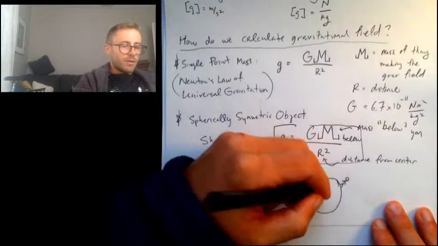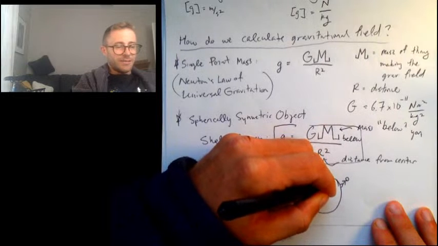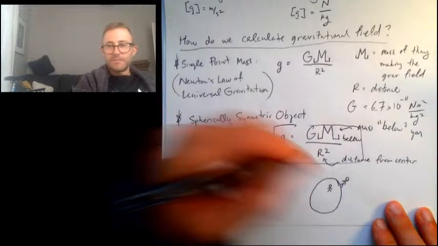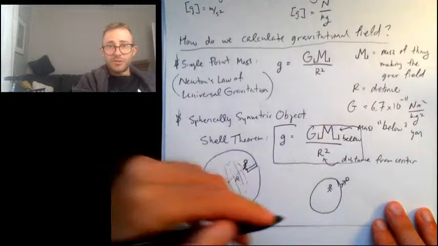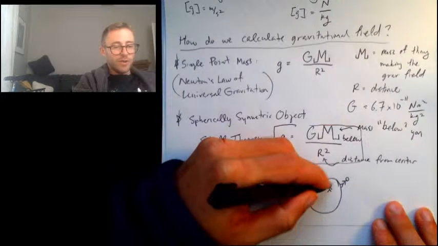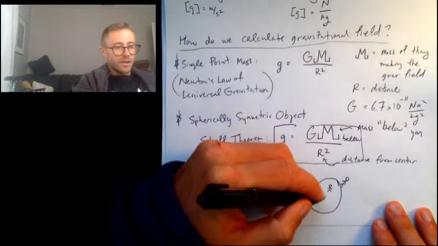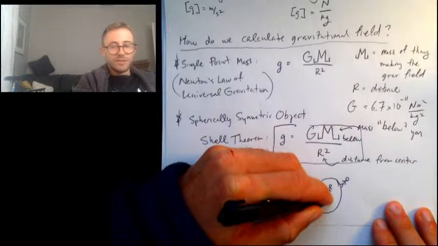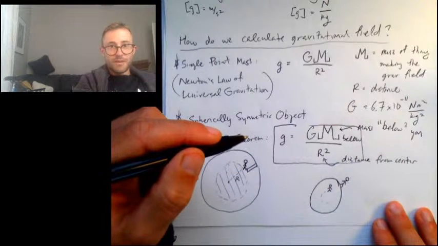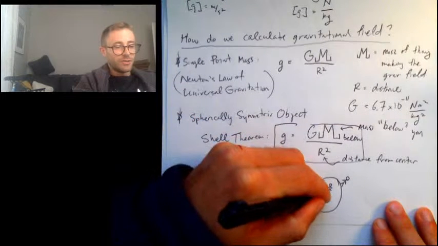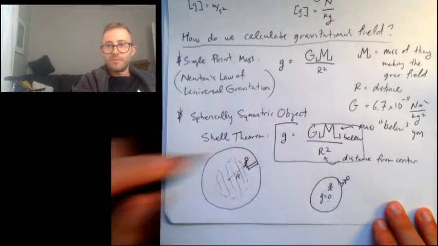But what if you went inside the spherical shell? Inside the spherical shell, because all the mass is on the outside, the mass below you is 0. So there's no gravitational field inside a spherical shell.